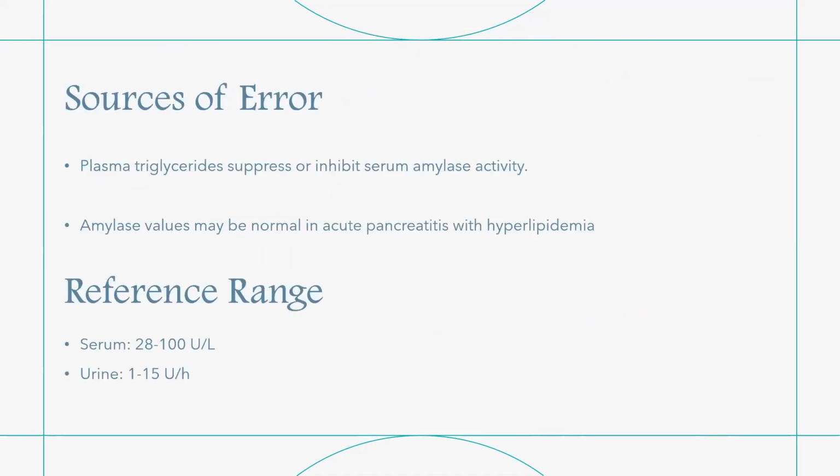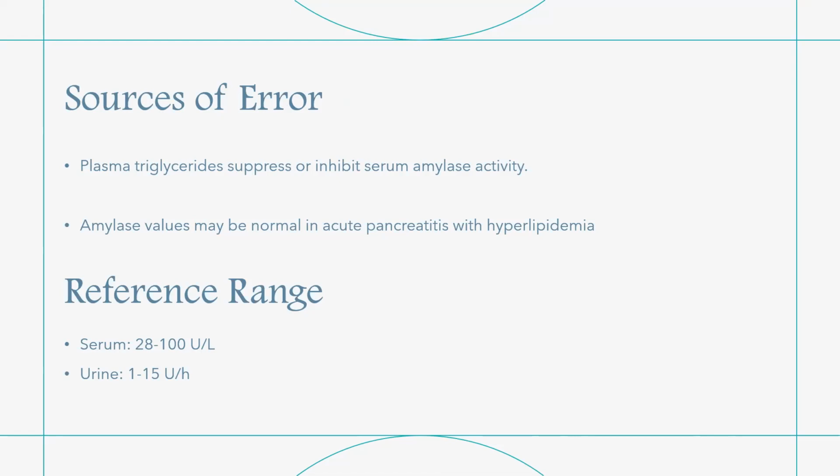Now, for the sources of error, we have to take note that amylase in serum and urine is stable. However, plasma triglycerides suppress and inhibit serum activity of amylase. There are also instances where amylase values are normal in cases of acute pancreatitis with hyperlipidemia.